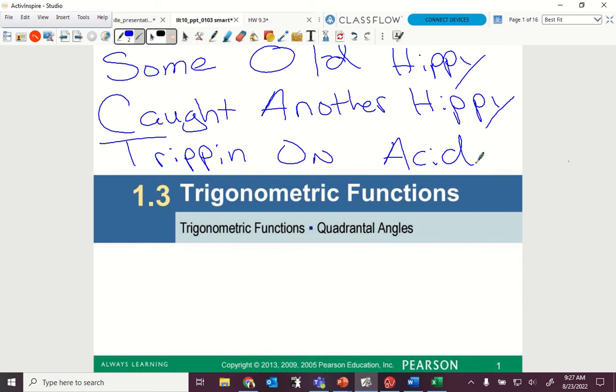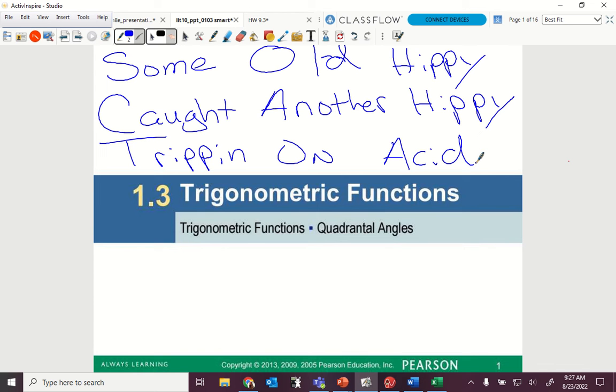Oh, that's wild, bro. This is something so important. It is, but okay, it's a mnemonic. It's actually a funny phrase that makes you remember it. Some old hippie caught another hippie tripping on acid, right?